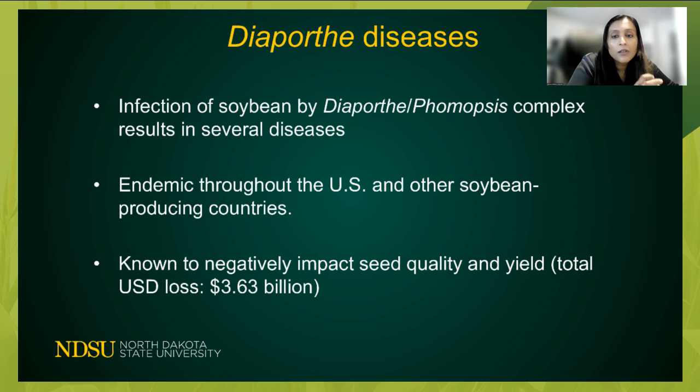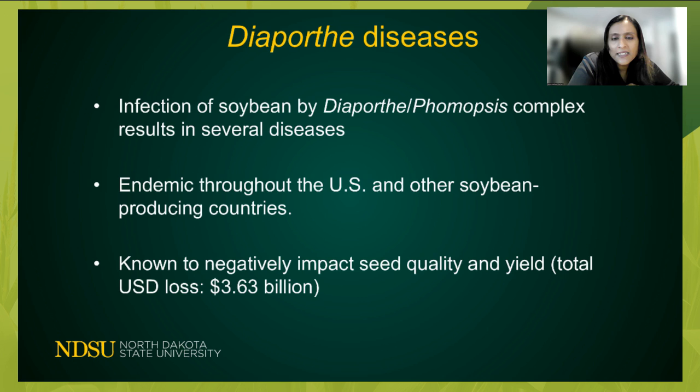But on the whole, we're talking about a complex, which means a group of organisms, a group of fungi are actually involved in the disease development. Diaporthe diseases have been in the United States since the 1940s, and we'll get into that here in a little bit. But as of today, we know it can be endemic in the US as well as other soybean producing countries.